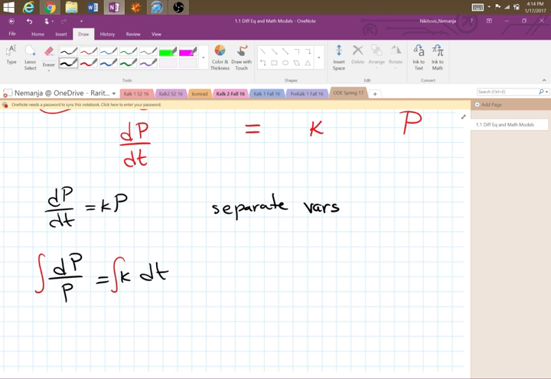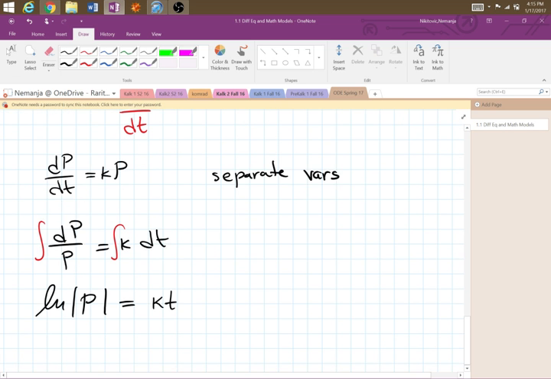Anyone? ln, ln absolute p equals, and on the right hand side, kt. Yes, plus c.